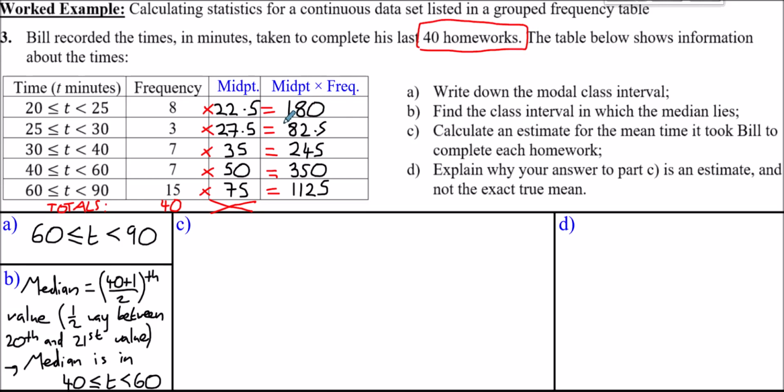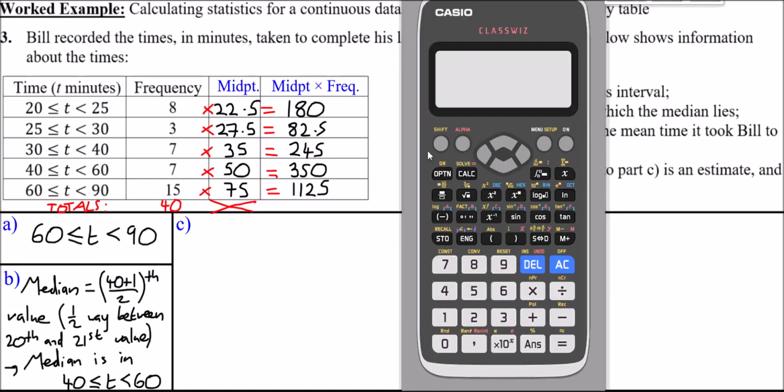So adding all these values up, so the first one's 180, then plus 82.5, plus 245, plus 350, plus 1125. We get about 1982.5.